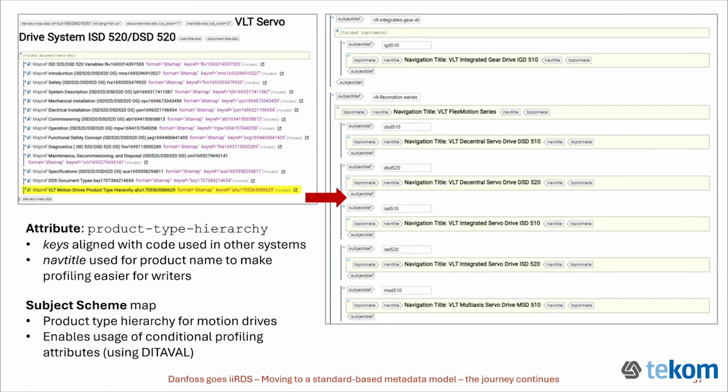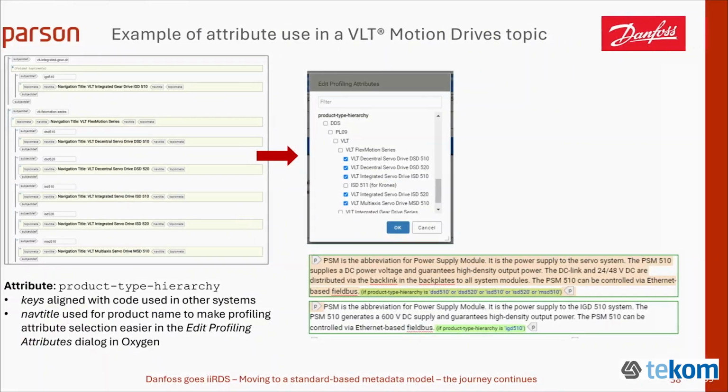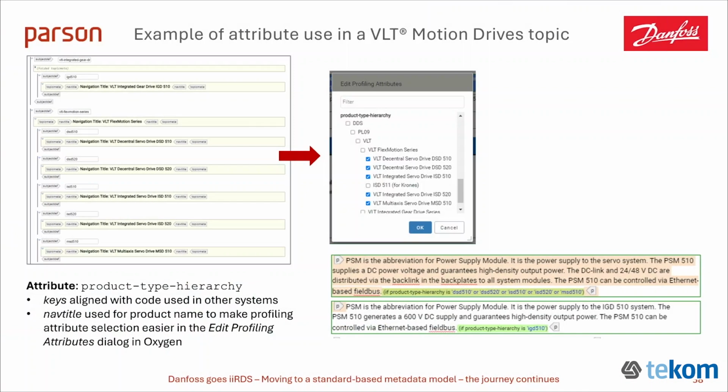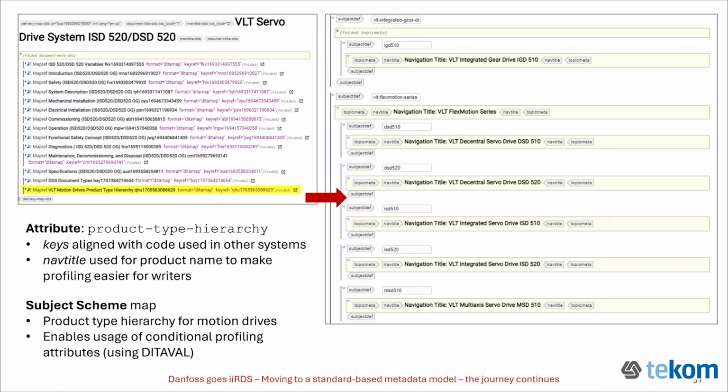Here you can see the same for the other products. What Frank described: there is the map reference, the attribute of product type hierarchy, and the keys. That is aligned with the code used in the other systems like SAP and DAM.